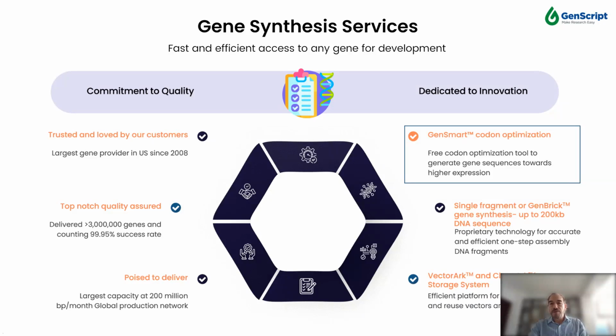We have proprietary technologies for accurate, efficient one-step assembly of these gene fragments after the synthesis. In addition, we offer our vector ARC and clone ARC storage systems. You can store your vectors or your clones with us, and you can keep reusing them for the next following projects.